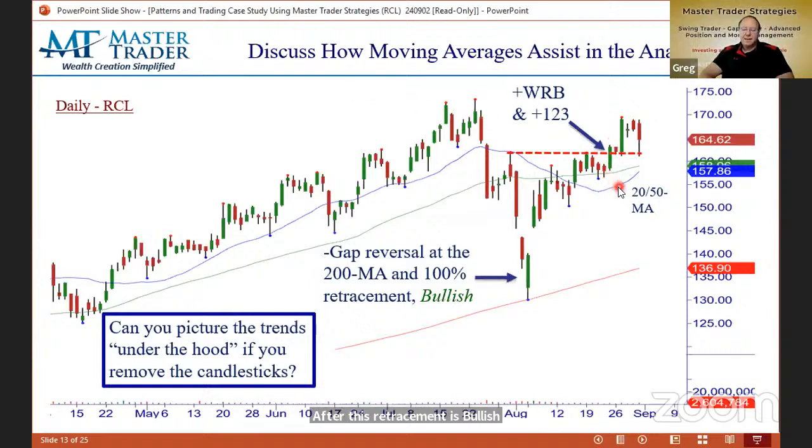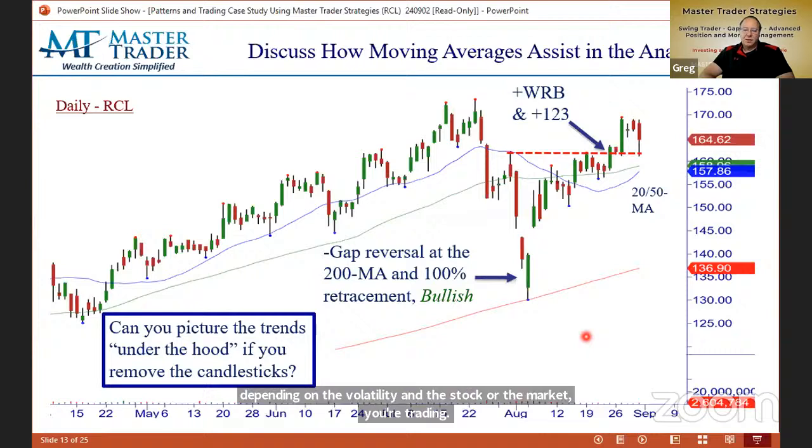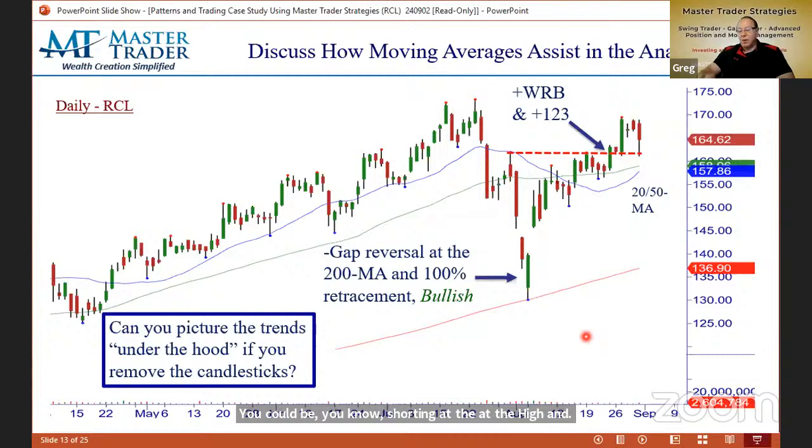So that's a plus. This is a great slide as to why moving average crossovers are so subjective and can destroy you. Because depending on the volatility in the stock or the market you're trading, you could be shorting at the low and buying at the high, vice versa, because you can see the cross right there.